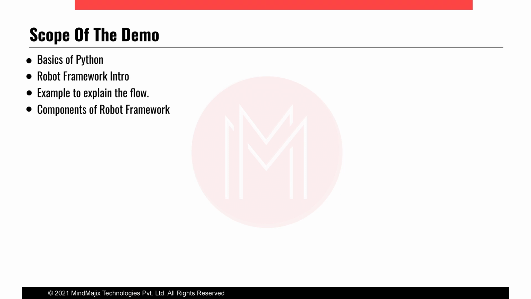We should know that a Robot Framework file is saved with the extension .robot, and I will explain the file architecture in the coming slides. Later we'll walk through an example so that we understand the flow, the body and architecture, and the components of Robot Framework.